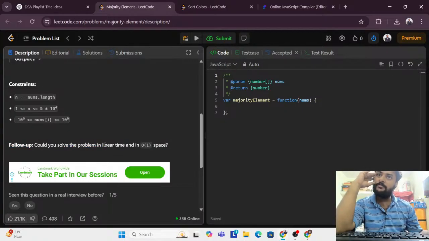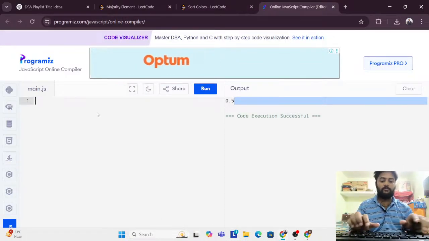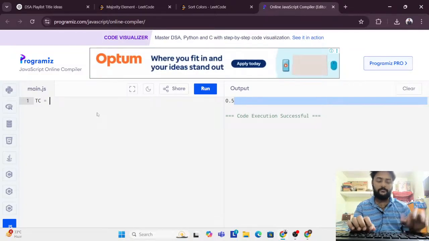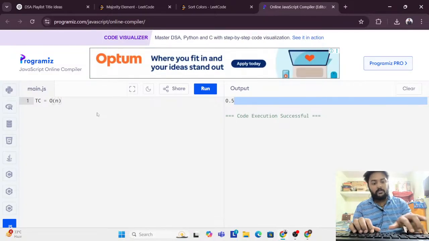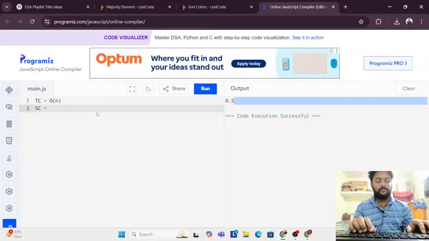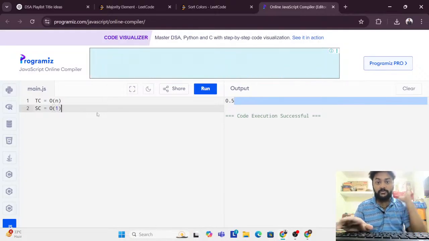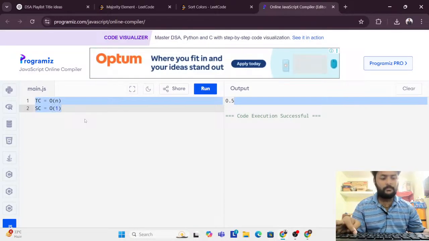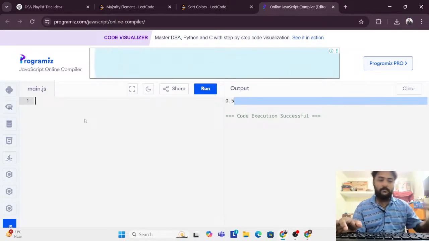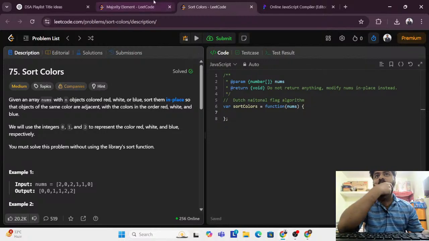So linear time means solve this problem in big O of n in terms of time complexity, and the space complexity should be constant only. Okay, no problem. We'll definitely think about it.